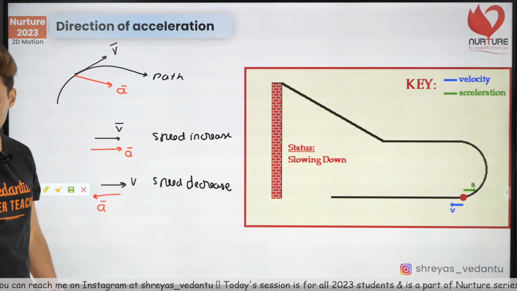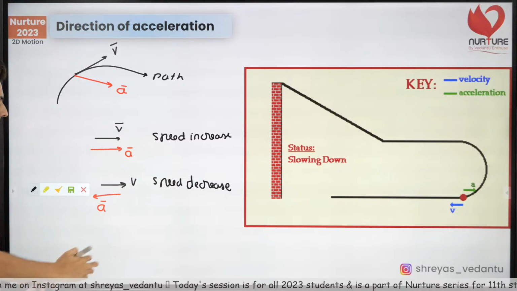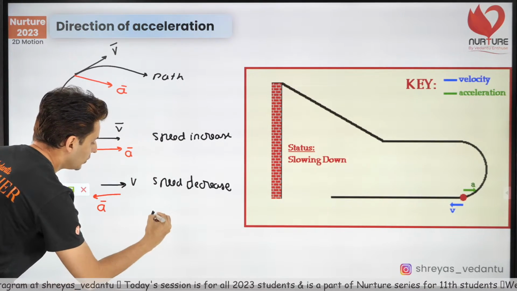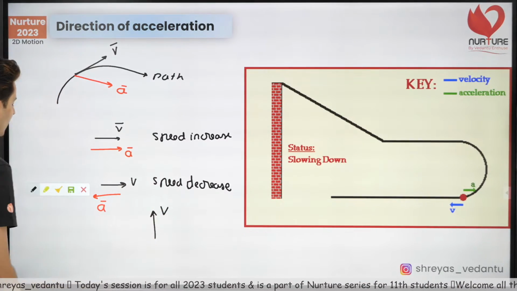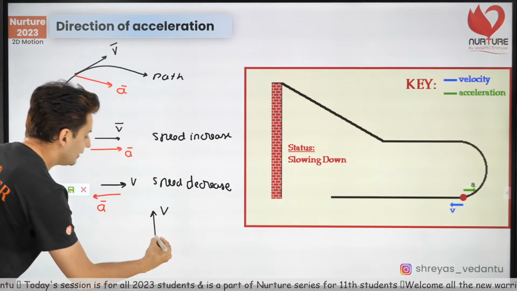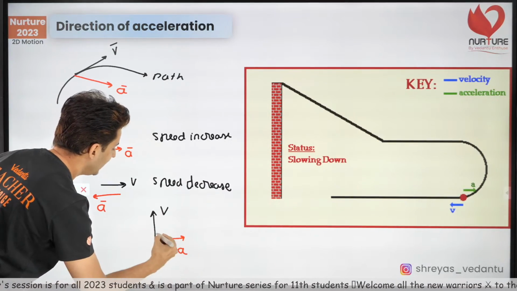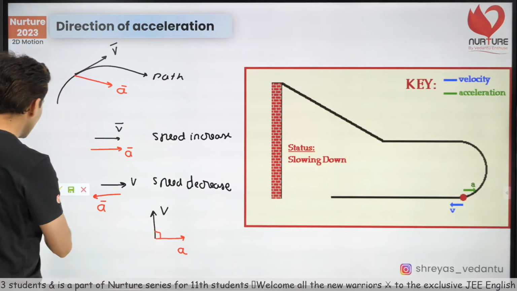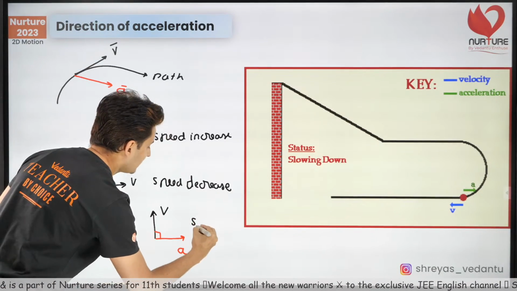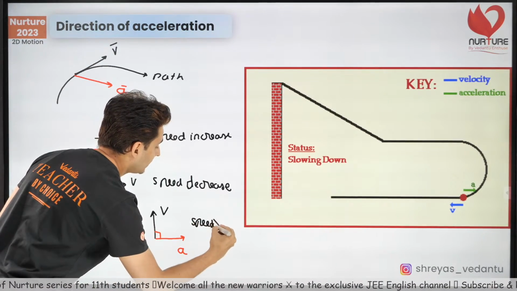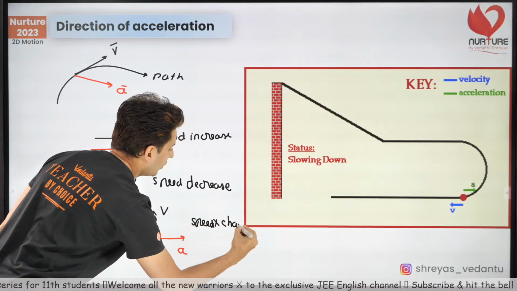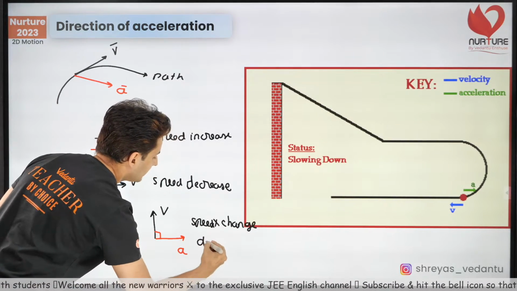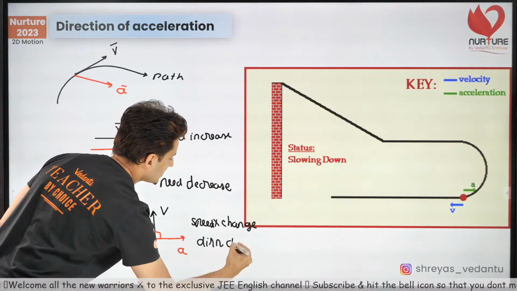Very, very important. And one more thing, you will learn this more in circular motion, but still I can give it to you over here. If velocity is perpendicular to acceleration, then understand the speed won't change. It won't change, only direction changes.